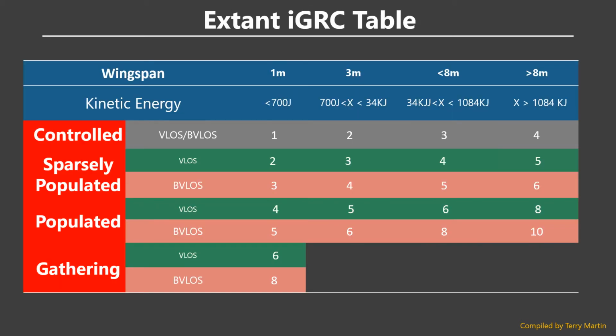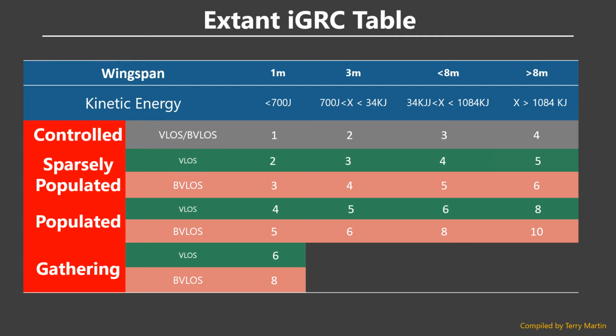ground risk. This slide depicts the current IGRC table that's in version 2 of the SORA. I'll just point out a couple of things. First, wingspans are listed across the top of the table, and underneath that there are some guidance bands for what the nominal kinetic energy could be. But I emphasize that's guidance.